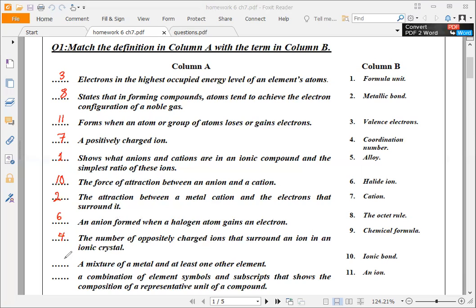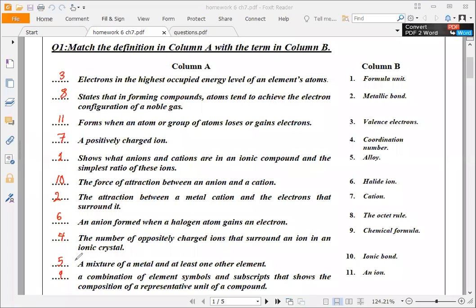A mixture of a metal and at least one other element. 5, alloy. A combination of element symbols and subscripts that show the composition of a representative unit of a compound. 9, chemical formula. Excellent.